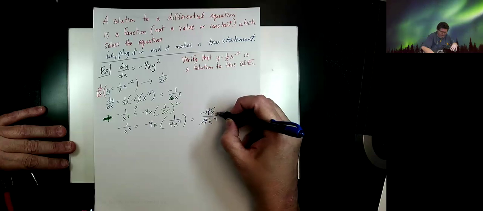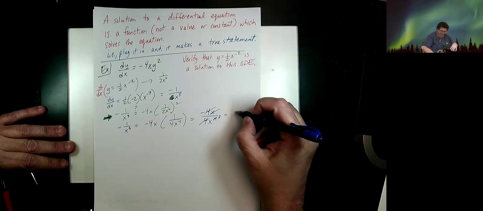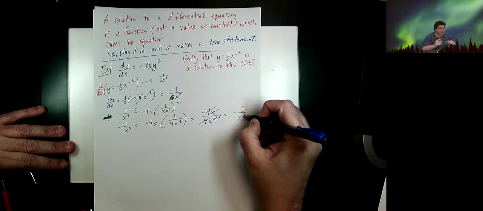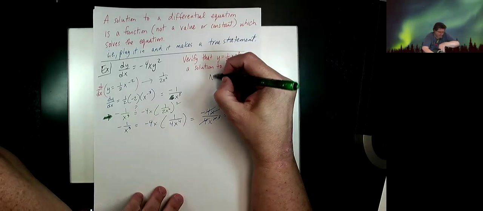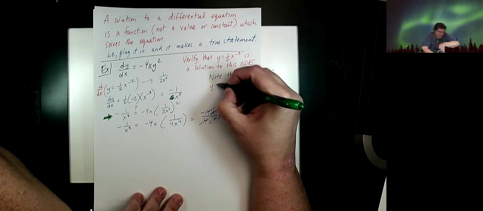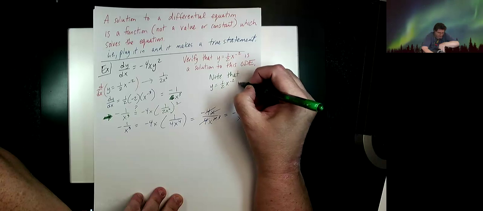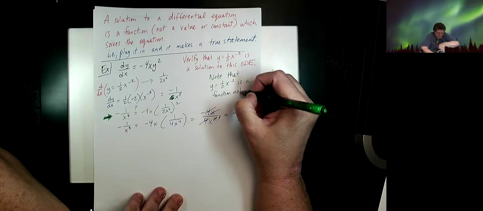And this x will cancel out one of those x's there. And I am indeed left with negative 1 over x cubed. So note that this was a function, not a constant.